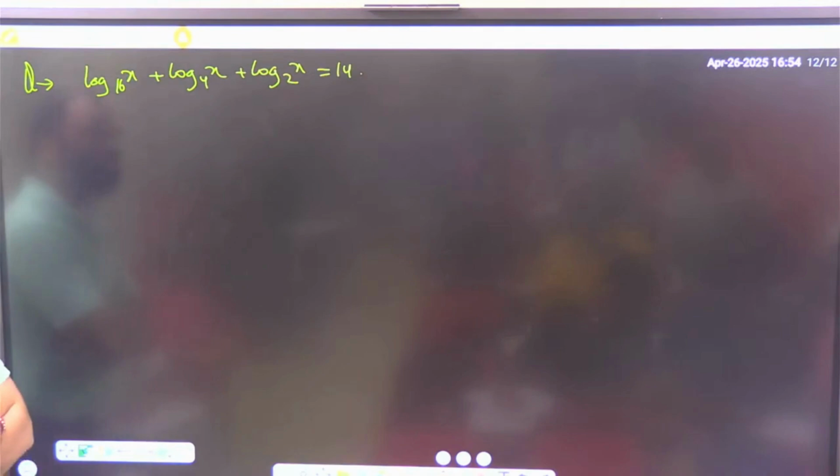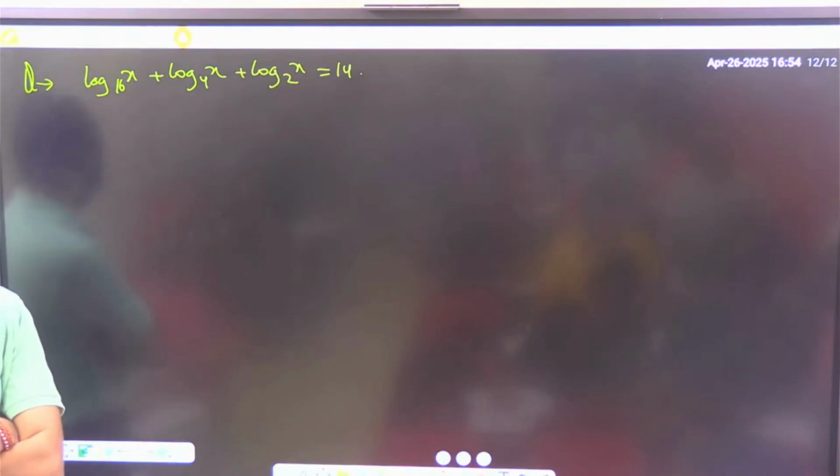How do we start in this? We'll have to make the bases the same. The bases are not all the same: 16, 4, 2. So how do we make the bases the same?